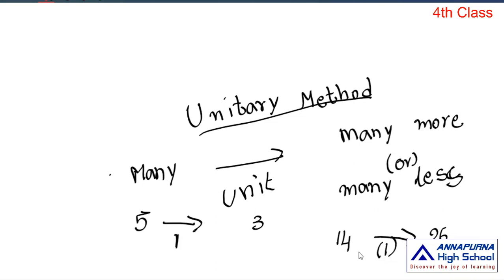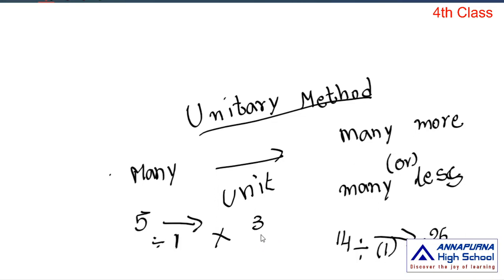So how do we get the value of unit? By division. Then how do we get the value of 26? By multiplication. So first we do the division. By division we find the value of 1 article. Then we do multiplication. By multiplication we find how many articles you want to know.